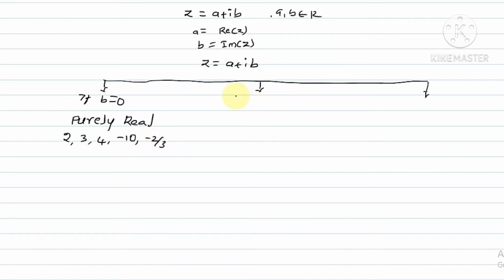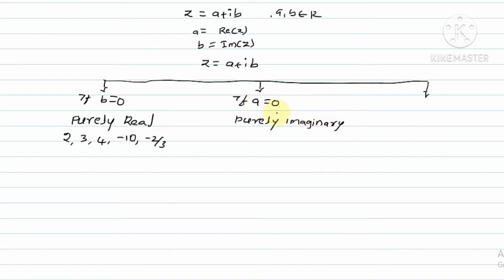Next, if a equal to 0, the real part vanishes, only iota b is left. In this case, these are called purely imaginary numbers. Clear?